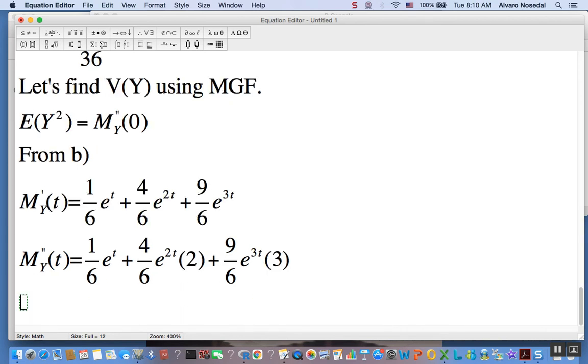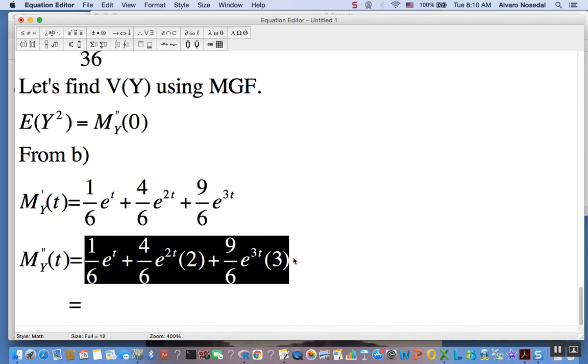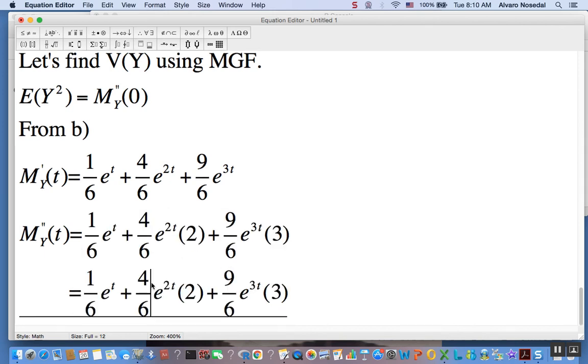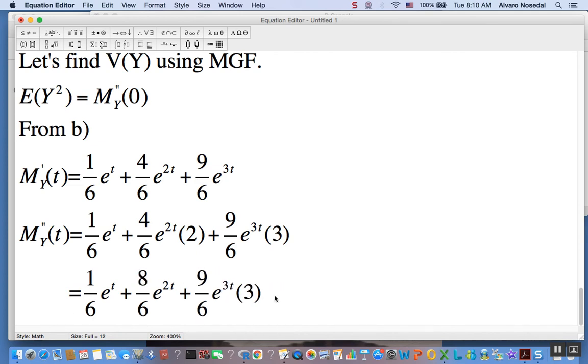Okay. So what we have in the end, let's simplify that, is 8 here. We don't need that 2 any longer. 3 times 9, 27, right?